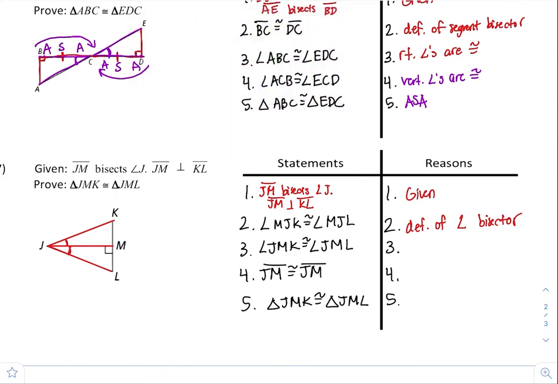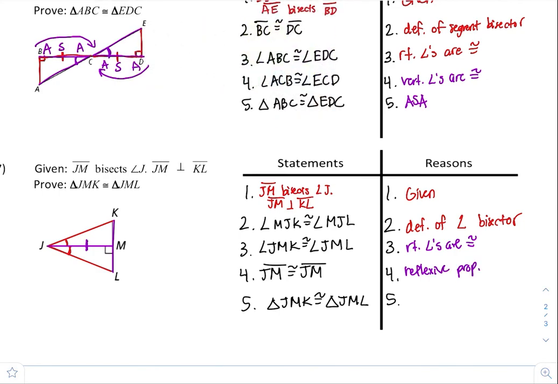Angle JMK is congruent to angle JML. And why is that? Because both of those angles are 90 degrees, right? Which means right angles are congruent to each other. Now, JM is congruent to JM, so that means this is congruent to itself, which is the reflexive property.